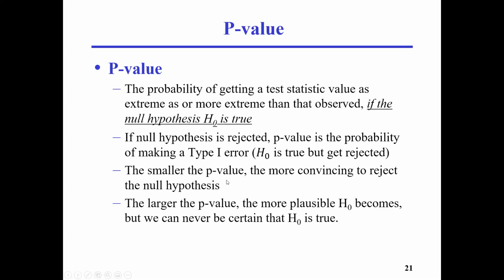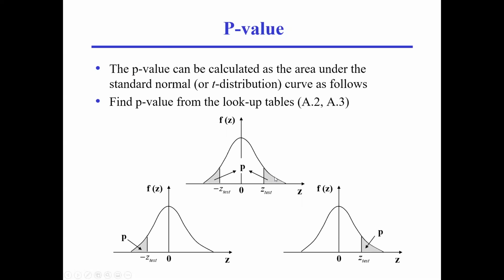So p-value can still be considered as the size of the shaded area. If you're doing a two-sided test and you use negative z-test and positive z-test to find these two shaded areas, the sum of the size of these two shaded areas is p.